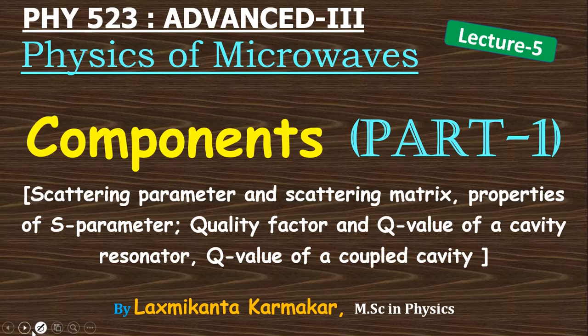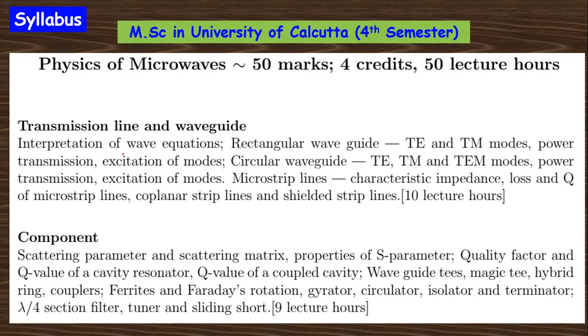You can see the syllabus of this portion. We already covered the transmission line and waveguide of the microwave. There are mainly two waveguides, the rectangular waveguide and the circular waveguide.